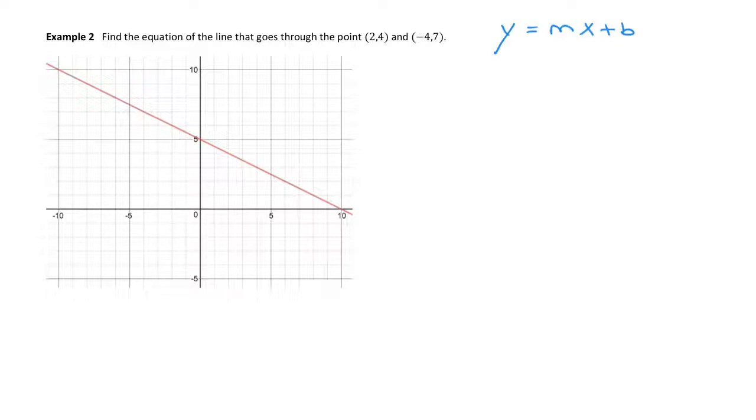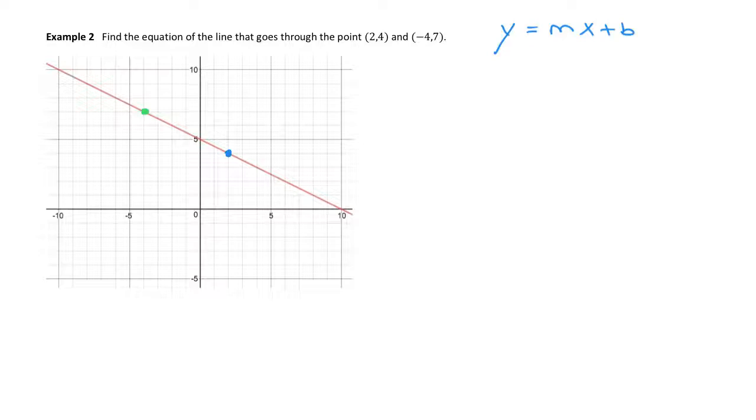So I'm going to mark these two points. Starting with (2, 4), that's going to be here. And (-4, 7) is right here. I want to figure out the line that goes between those two points.